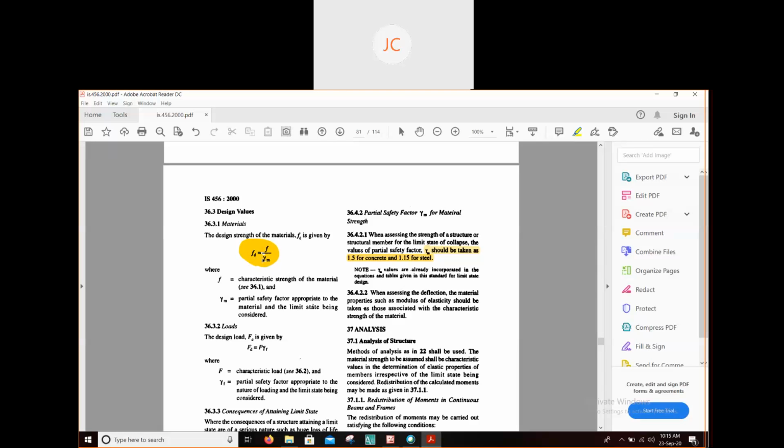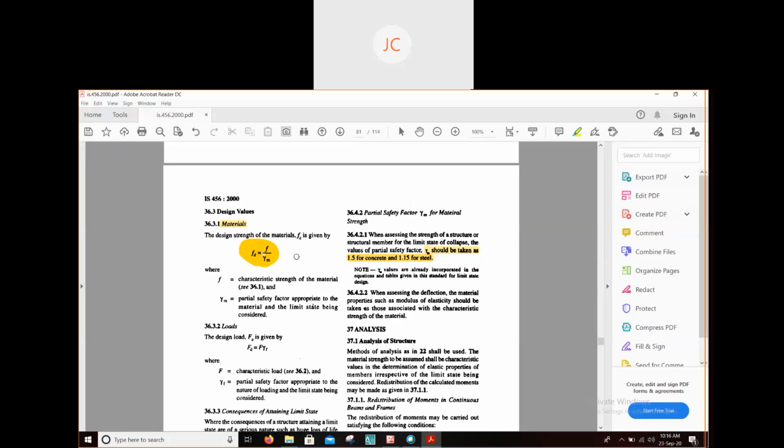If you are using steel, it will be Fy divided by gamma m, our yield strength divided by the partial safety factor 1.15, so you will get 0.87 Fy.